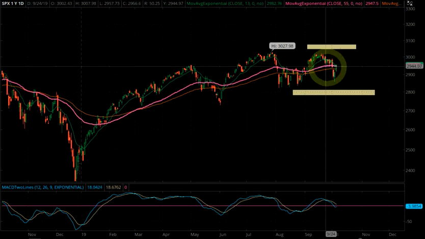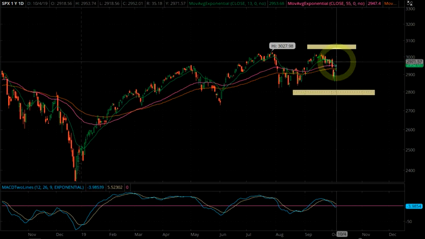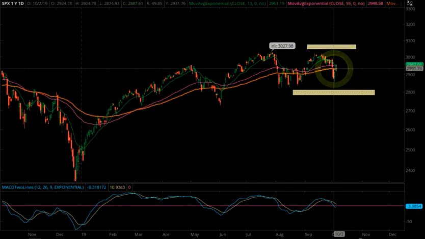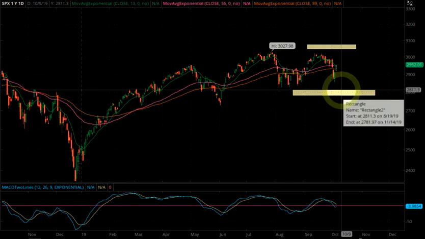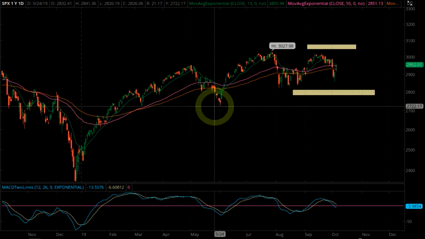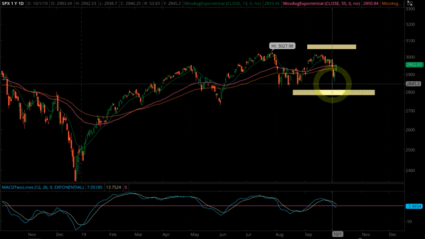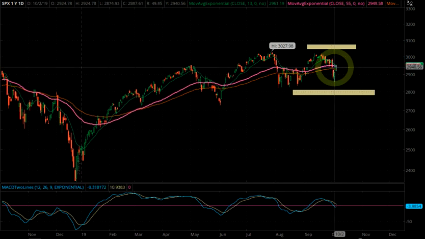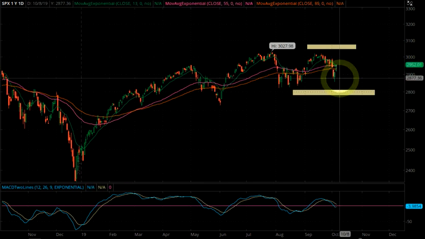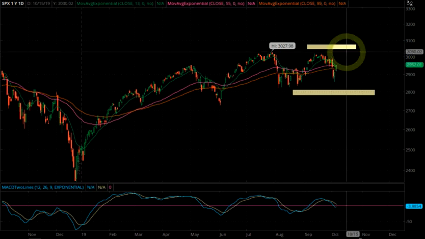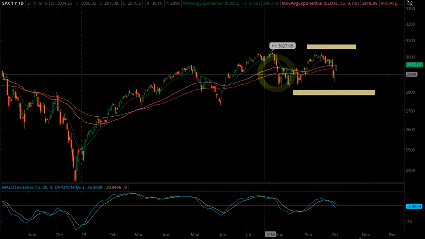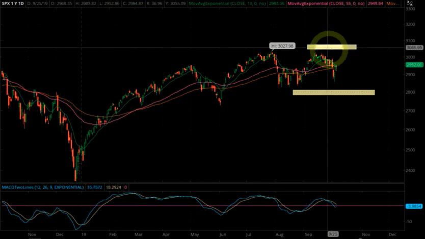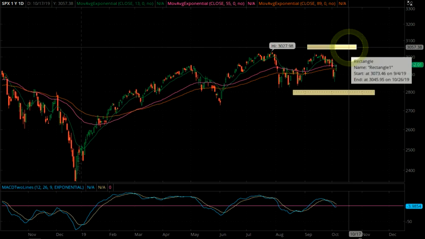So we'll see next week. I don't think we'll get a new high next week, but if we're going to get a new low, we should get it next week. In fact, if we're going to get a new high, this is probably going to come down first and then rally back up, and then come down and then rally back up. So, we could be looking at several more weeks if we're going to get a new high.